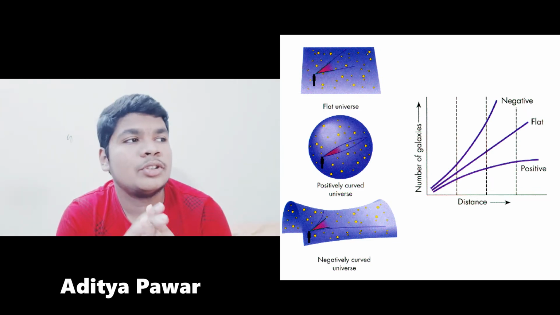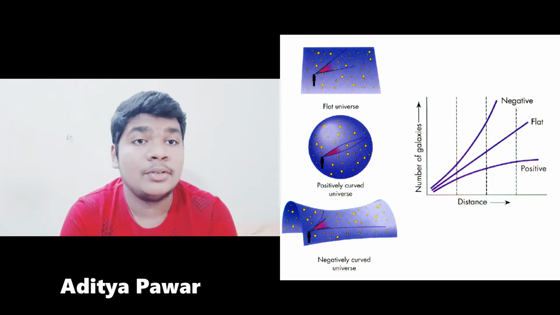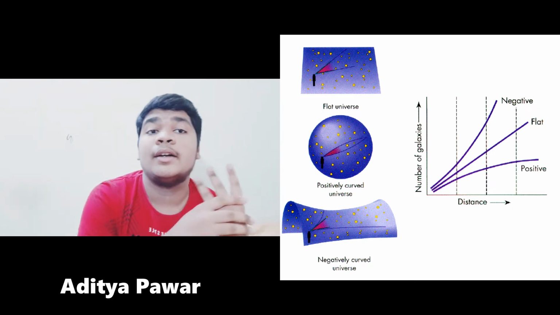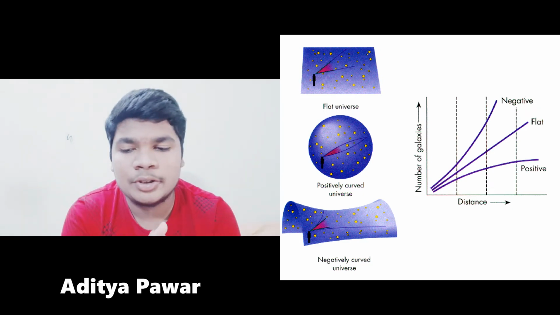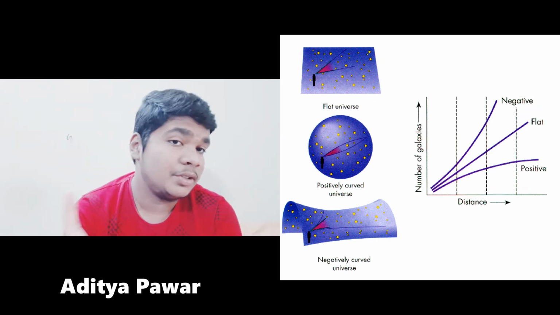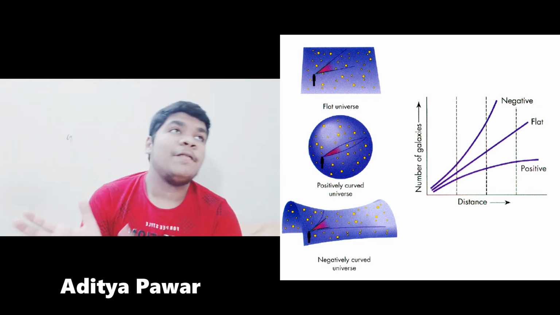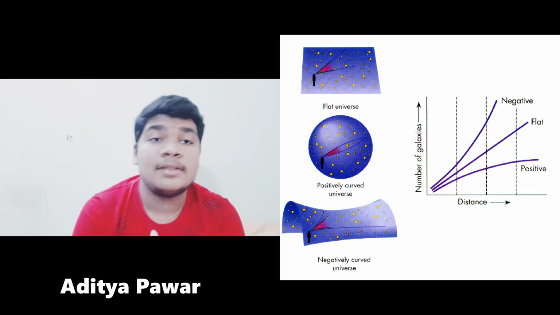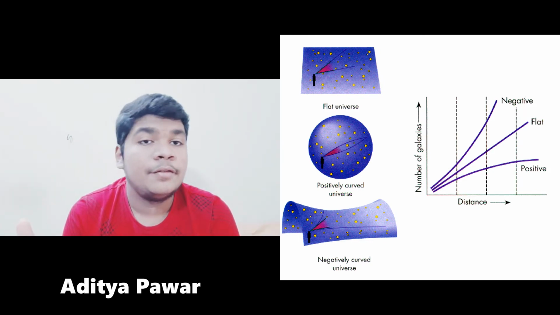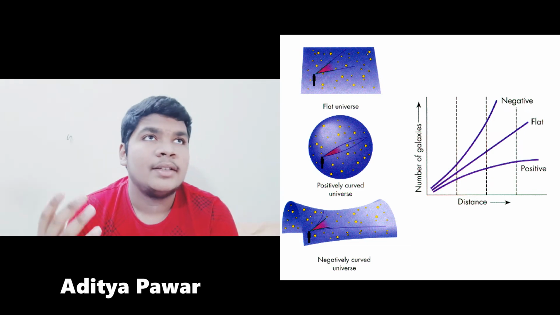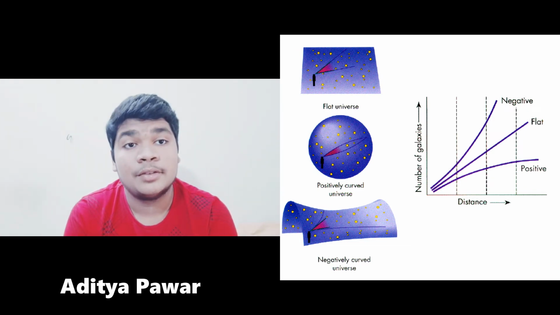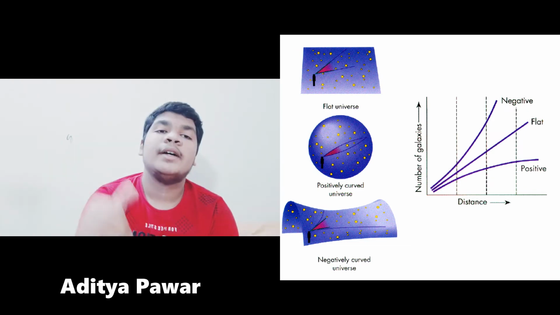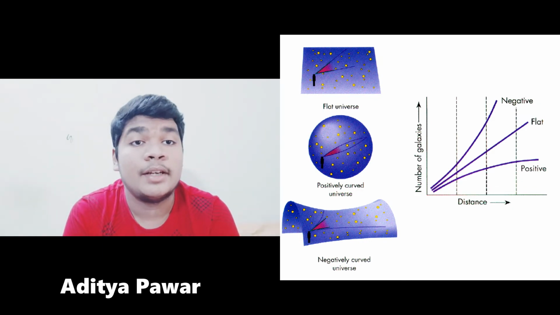So pretty much to summarize, there are three main conceptions about the geometries or topologies of the universe. The first one is a flat and zero curvature universe. The second one is curved space time with positive curvature. And the third one is hyperbolic space time with negative curvature.